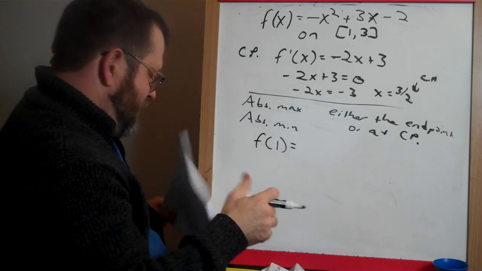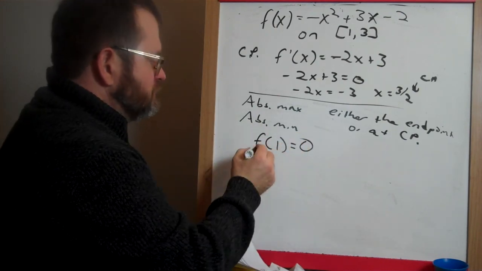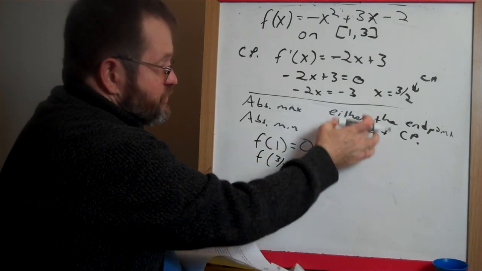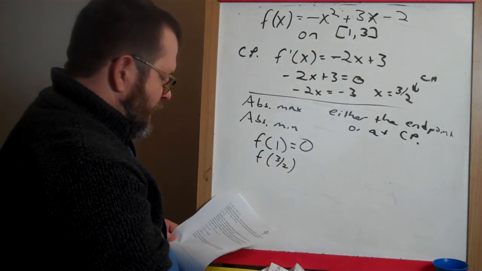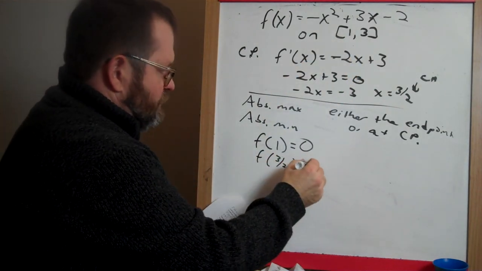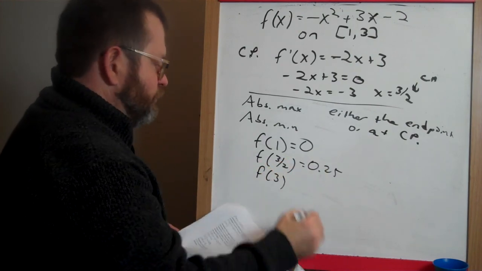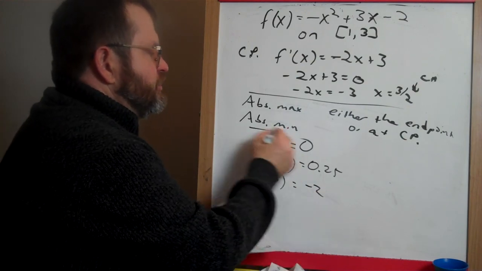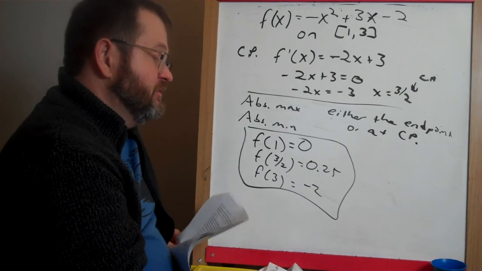If you actually do that, I think I did it on page 7, f of 1 turns out to be 0. Try that critical point, 3 halves, which, by the way, is in the range from 1 to 3. That's good. That happens to be equal to 0.25. And the other endpoint, at x equals 3, f of 3 is equal to negative 2. These are our 3 candidates for being absolute maximum and our 3 candidates for being absolute minimum.